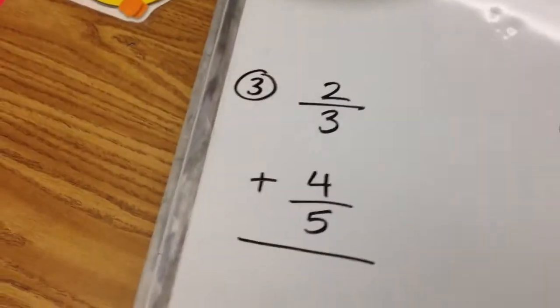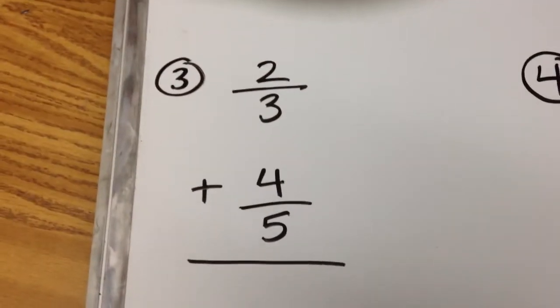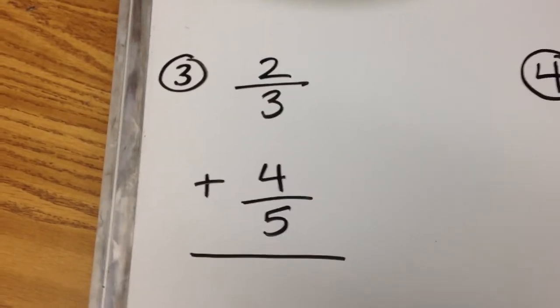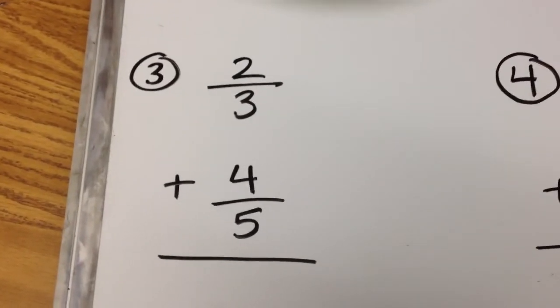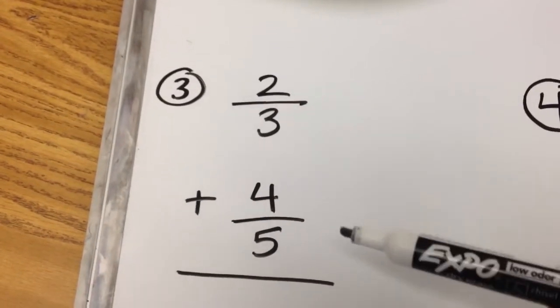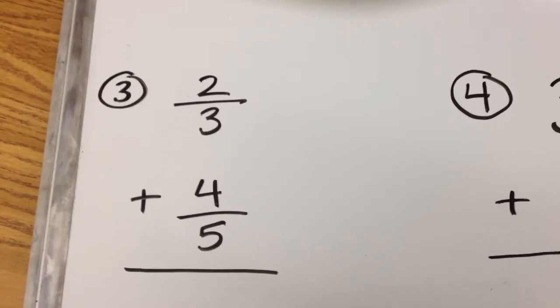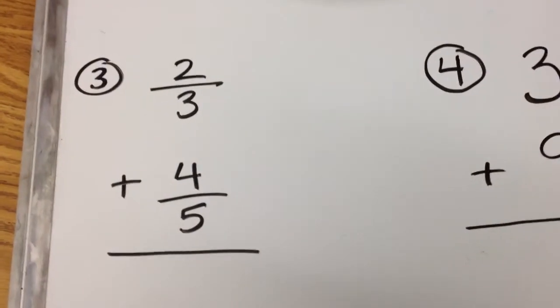Now, it can get slightly more difficult if I have two fractions that have a different denominator, unlike denominators, and I can't change one of them into the other. So if you look at the 3, I cannot multiply 3 by anything to get 5, which means I need to take both fractions and multiply them so that they have a common multiple.